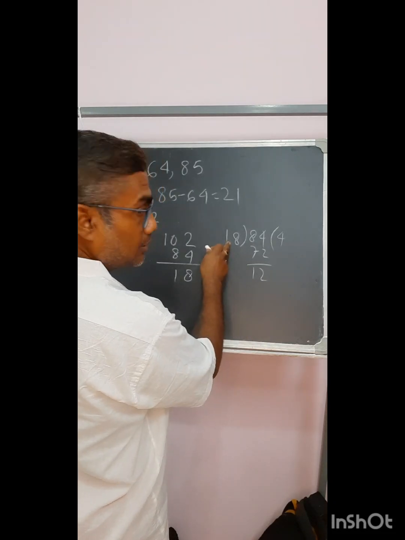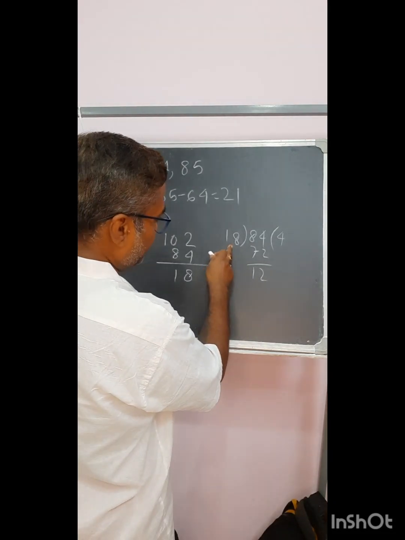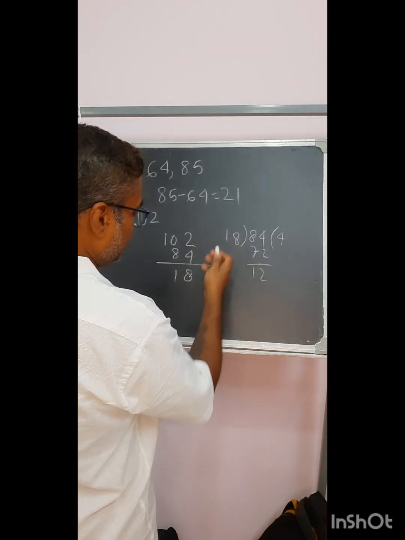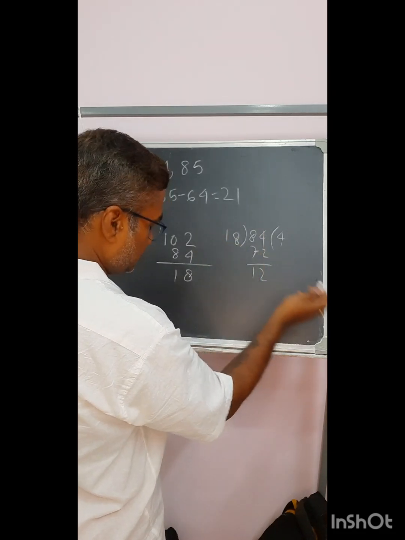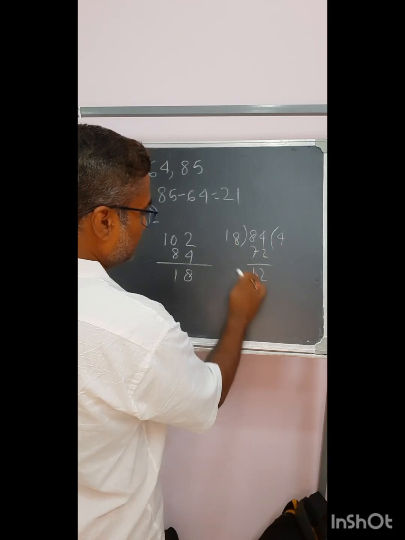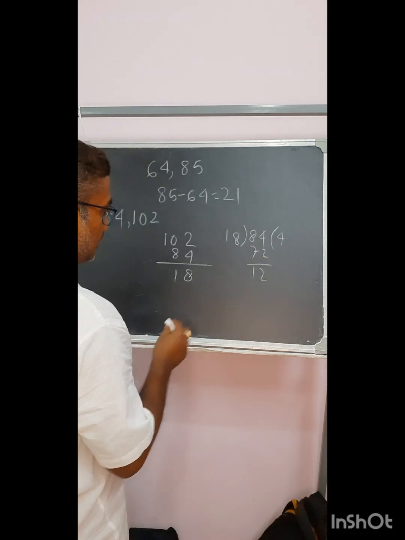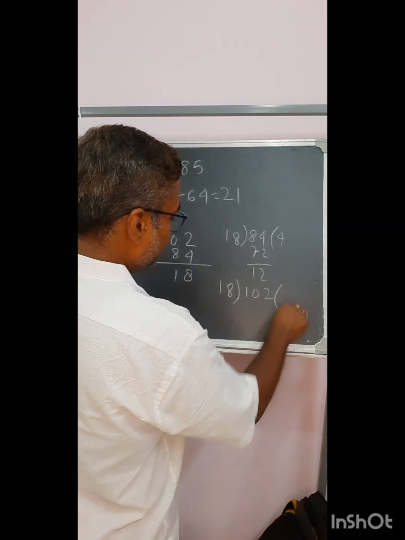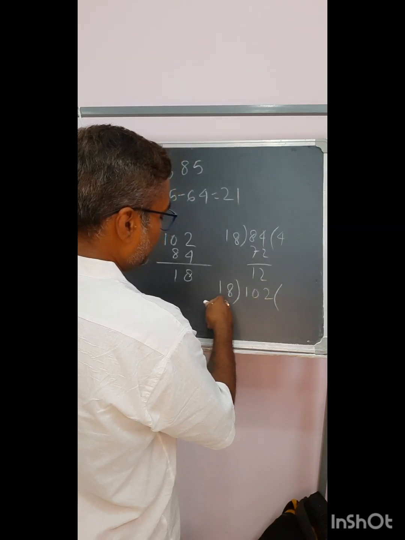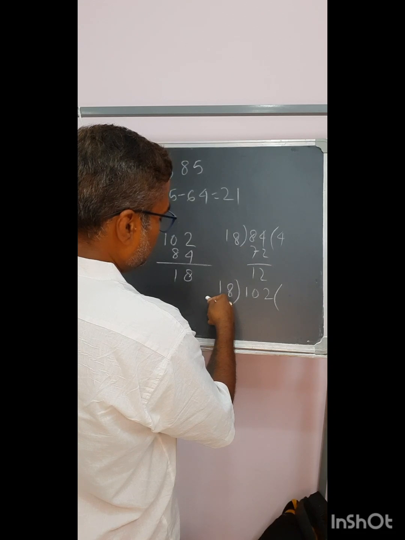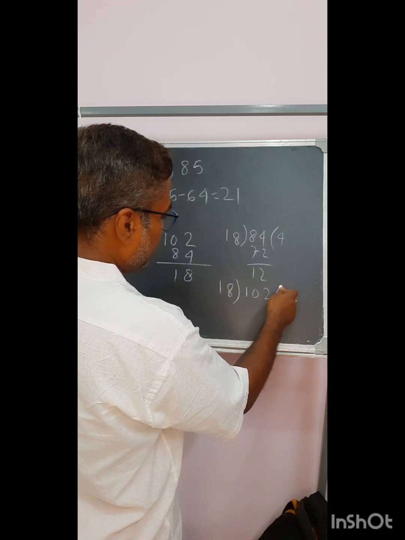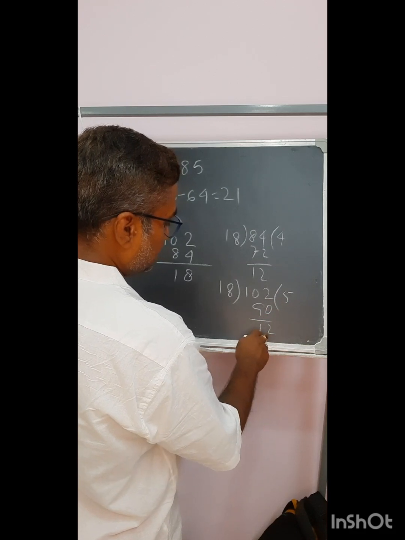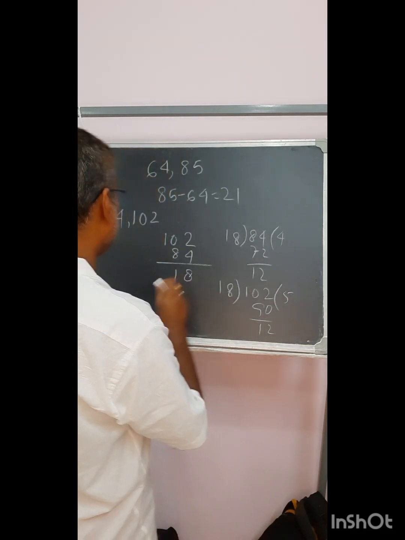So 18 is not a perfect divisor of 84. And the same for 102: 18 times 5 is 90, and in this case also the remainder is 12, so it cannot be divided by 18.